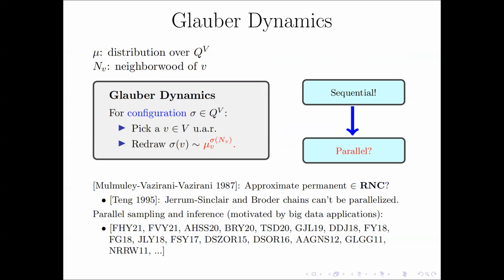In a similar work, Mulmuley, Vazirani, and Vazirani asked whether approximate counting for the permanent is in RNC, while Teng answered it negatively, pointing out that the Jerrum-Sinclair and the Broder chains cannot be fully parallelized. In the past decade, increasing attention has been drawn to parallel sampling and inference, motivated by big data science.